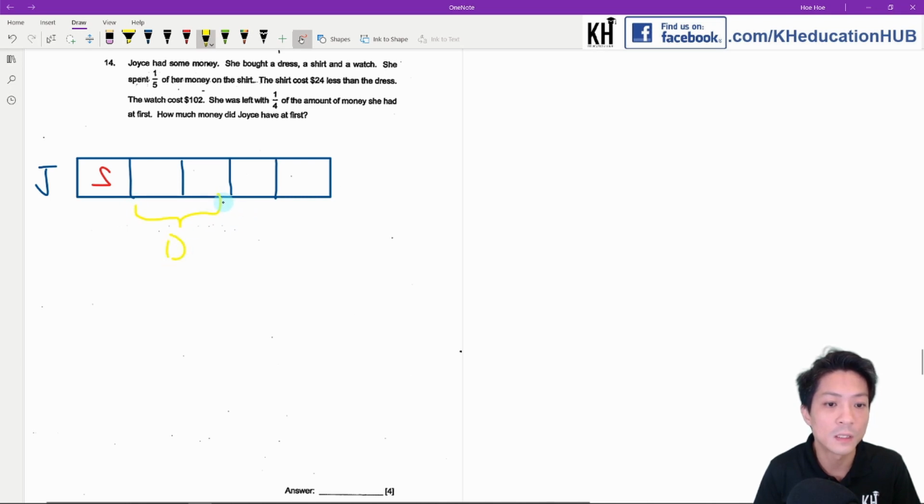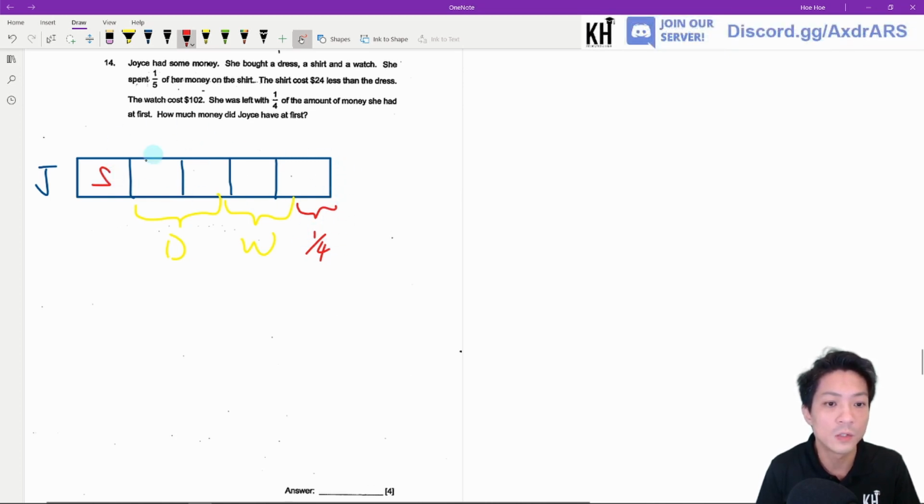Let's say this part here is the watch. It means that the amount of money that she's left with will be a quarter of what she had at first. So this doesn't look like a quarter, and it is going to be very difficult to find a quarter of 5 units.